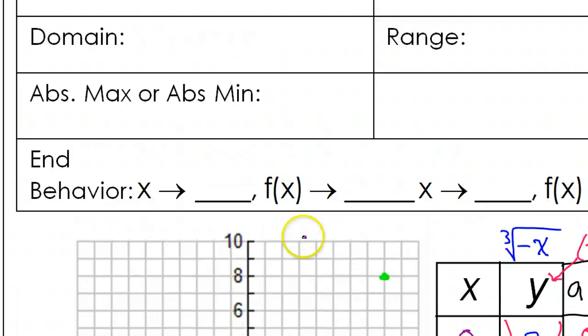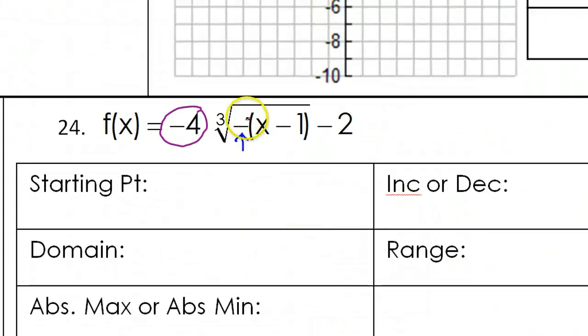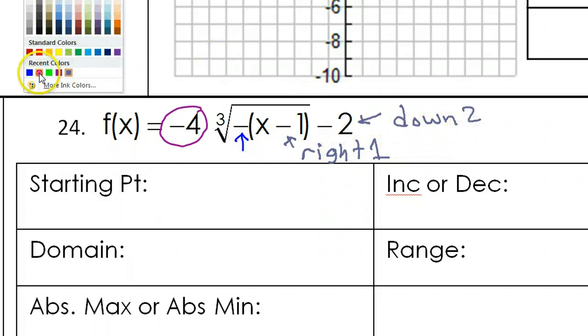Alright, so the one thing we still haven't done yet is we haven't applied this shifting. So remember, this -1 right here is going to send us to the right 1. Okay, and this -2 on the end is going to send us down 2. So right 1, down 2.